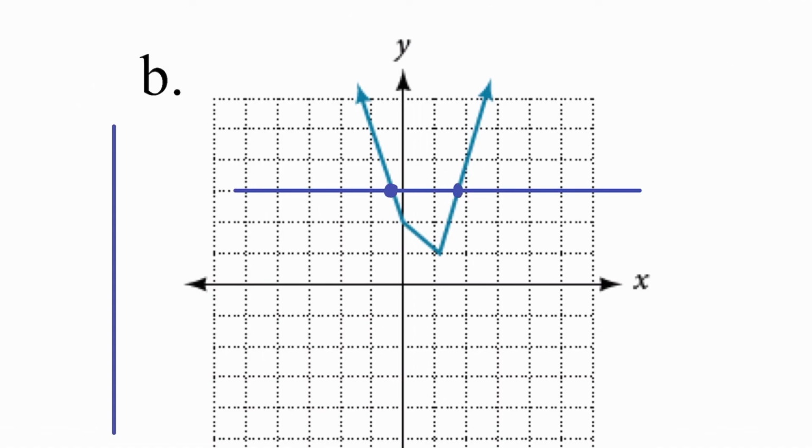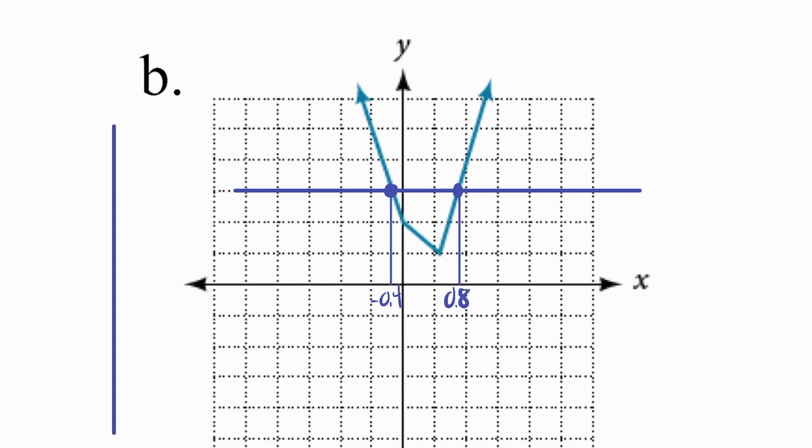So the output 3 has 2 corresponding inputs, which I'll approximate. So negative 0.4-ish. And then also, what is that? 0.8.